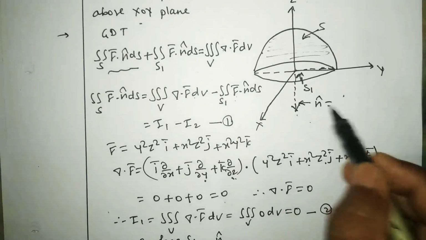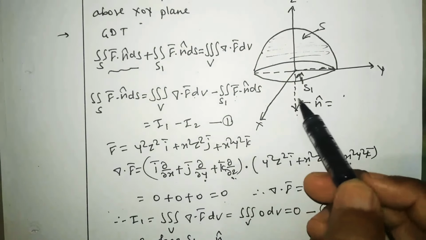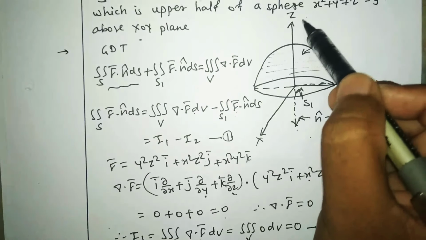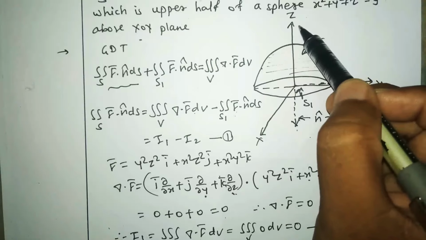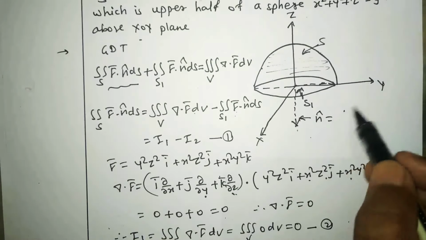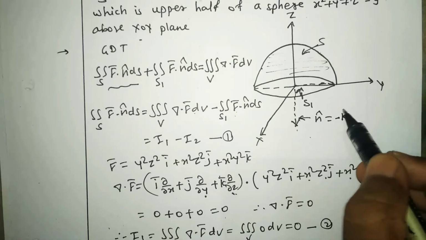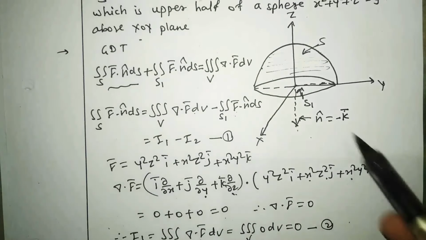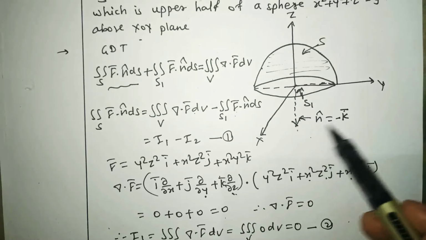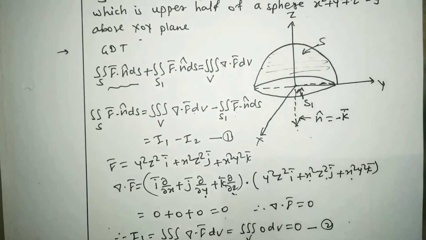So what is the value of n cap? What is this direction? Actually this is our z axis. So this z direction is denoted as k bar, and this direction is opposite to the z axis, so it can be written as minus k bar. So the value of n cap, that means the normal to this plane surface, is equal to minus k bar.